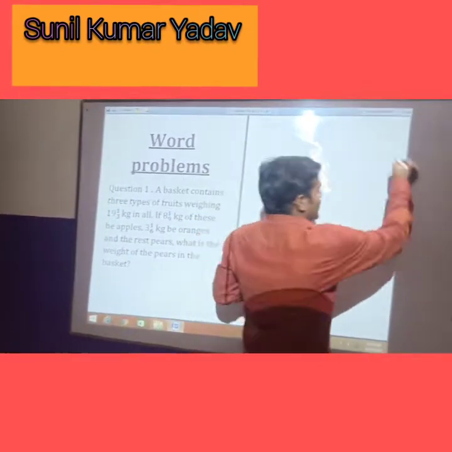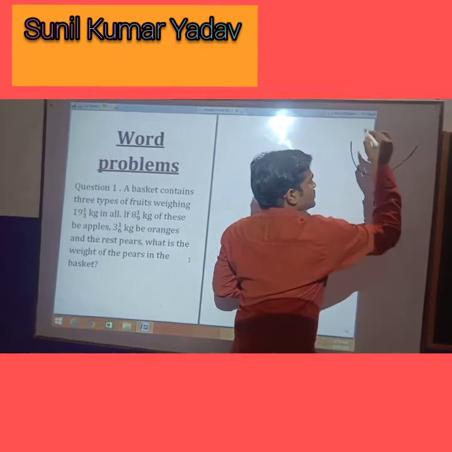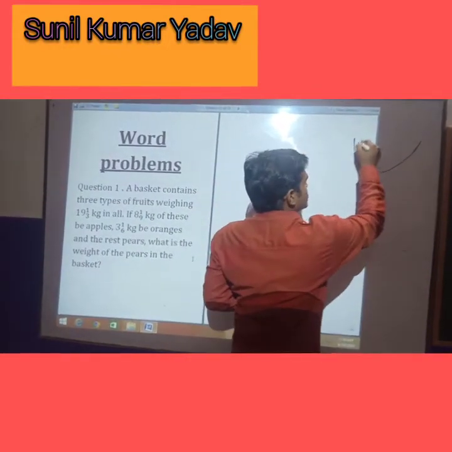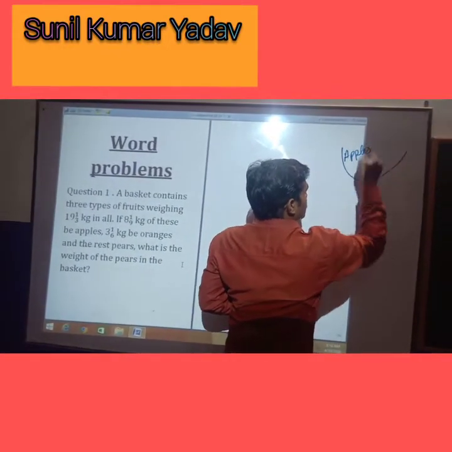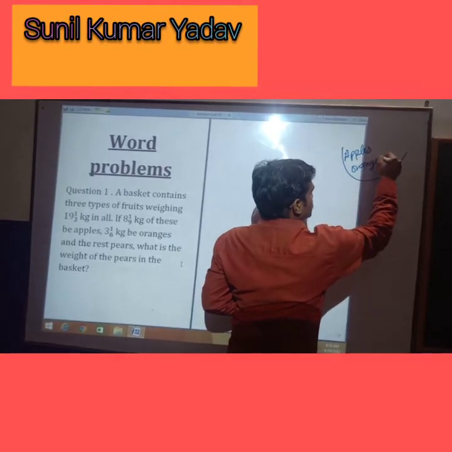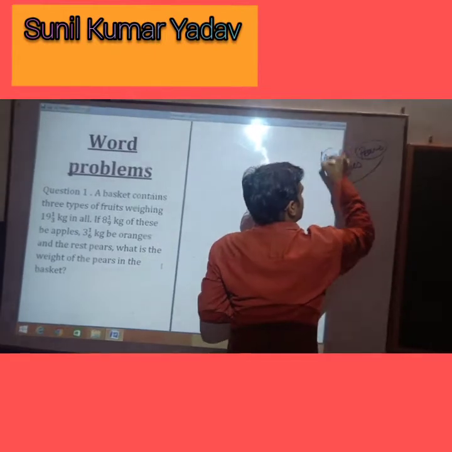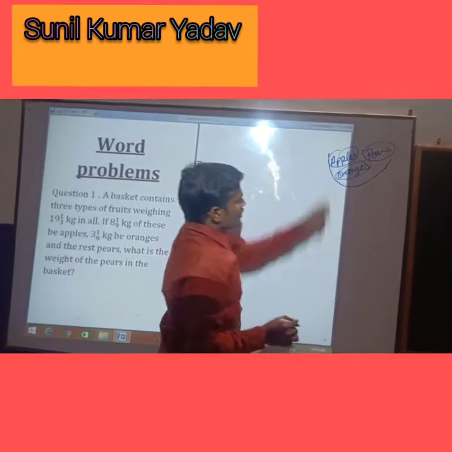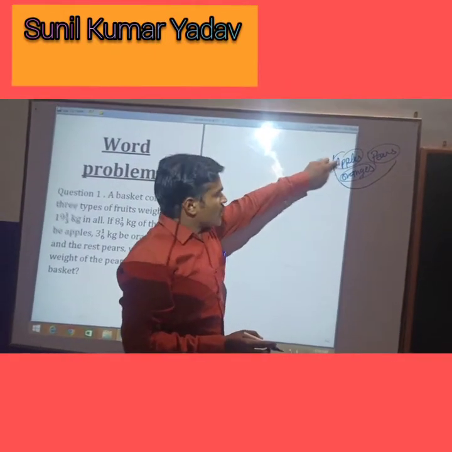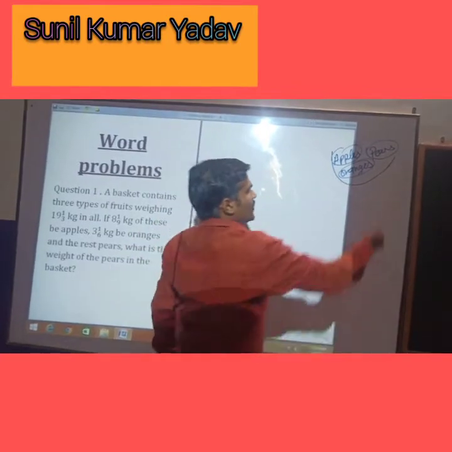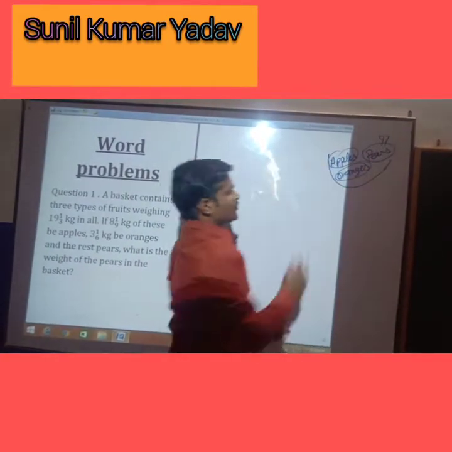Suppose that I have a basket. This is a basket, and apples are there, oranges are there, and pears are there. The weight of apples is given, the weight of oranges is given, and we have to find the weight of pears.